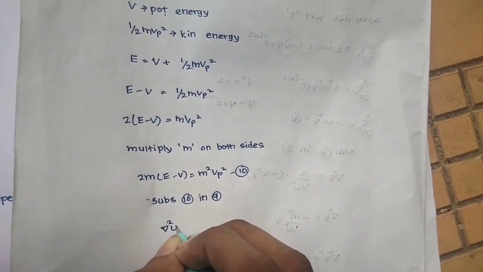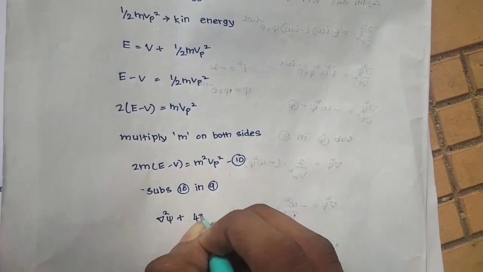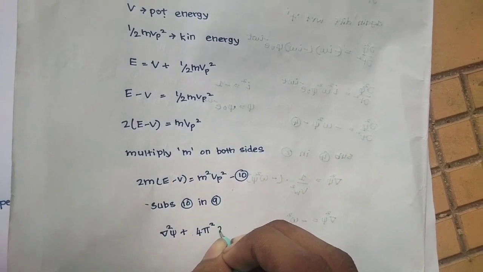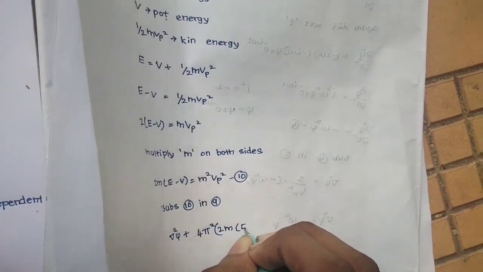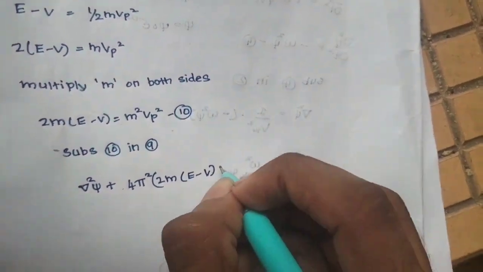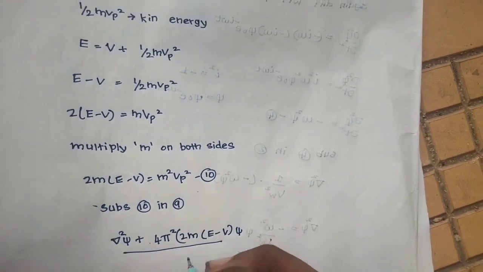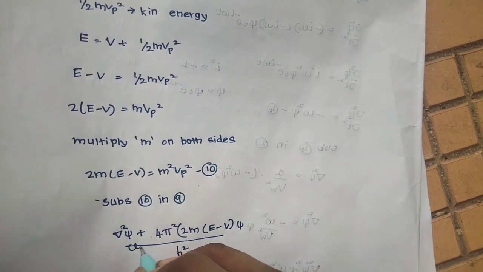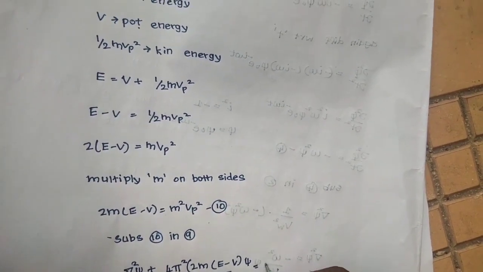Del square psi plus 4 pi square into 2m into E minus V psi by h square equal to 0.